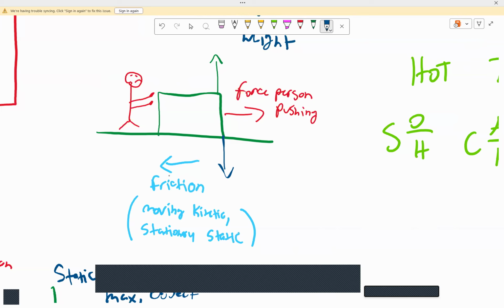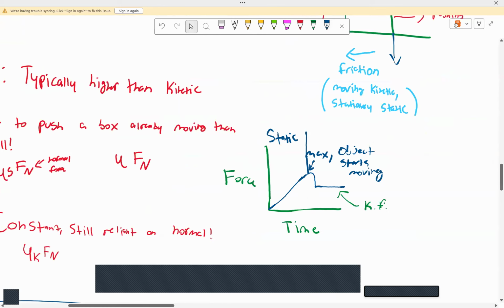So the friction will always oppose the force of the person pushing, so it's going to be pointed to the left. And remember, if this is stationary or static, then it will be mu S of the normal force, or if it's moving, then it's mu K of Fn, the normal force, which I have here.